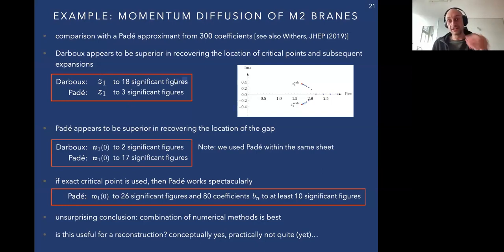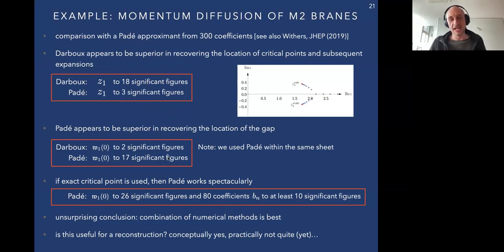And this is the main problem of Padé, because with Padé, you look at singularities and the actual singularity is some kind of an accumulation point of things not going so well with your Padé approximant. In this case, with Padé, we could not get it to be better than 3 significant figures, okay? So if you really have only the coefficients, then I think Darboux is really superior, just because it gives you a much better approximation to the location of the critical point, okay?